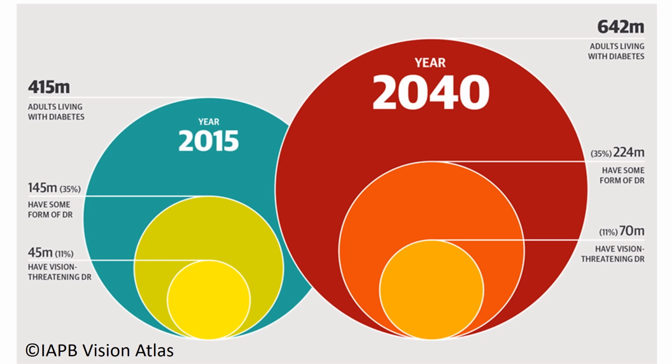Thus, the number of people living with diabetes is increasing, and similarly, the number of people with diabetic retinopathy is increasing. Thus, we need to develop our services now to cope with these numbers. We also need to implement strategies that can help us control both diabetes and diabetic retinopathy.